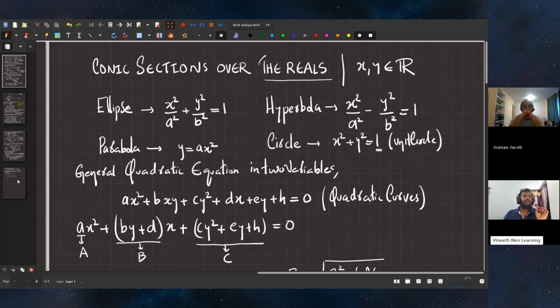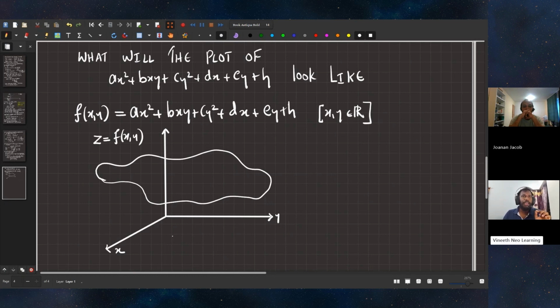We want to find the values of x and y for which this manifold crosses the xy plane. So you are essentially taking the projection of this f of xy in the xy plane. Not a projection, but where this manifold intersects the xy plane.